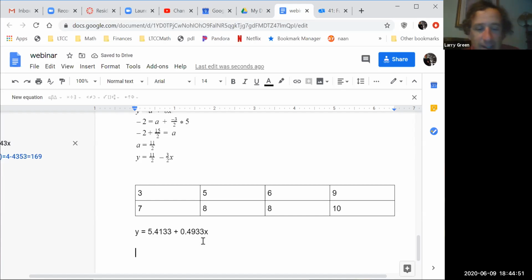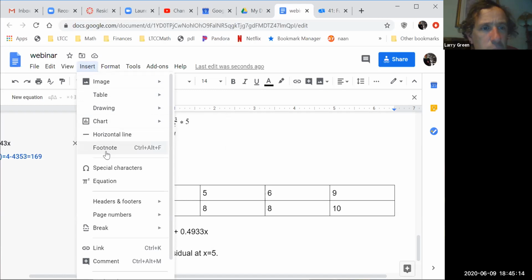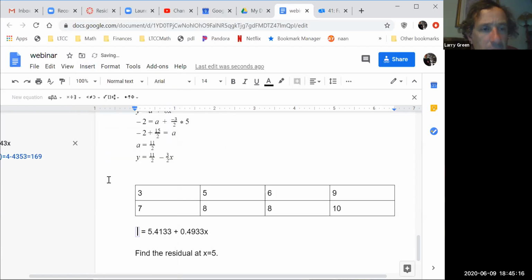Okay, so now find the residual at x equals 5. Let me write down this equation. And then I want y hat.